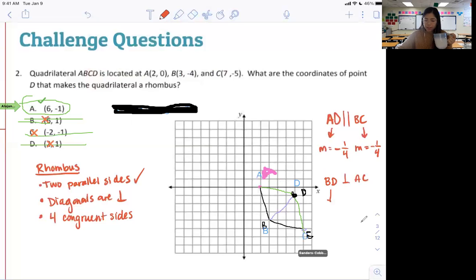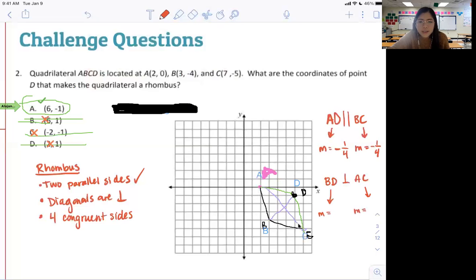So go ahead and check the slope for BD and for AC. And let me draw that in as well. For BD, you got 1? Let me check. I got 3/3. 1, 2, 3, 1, 2, 3. Good.